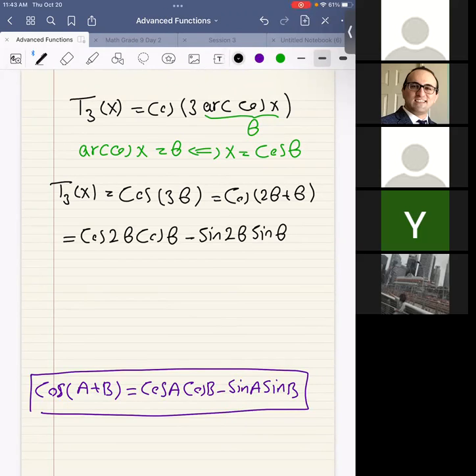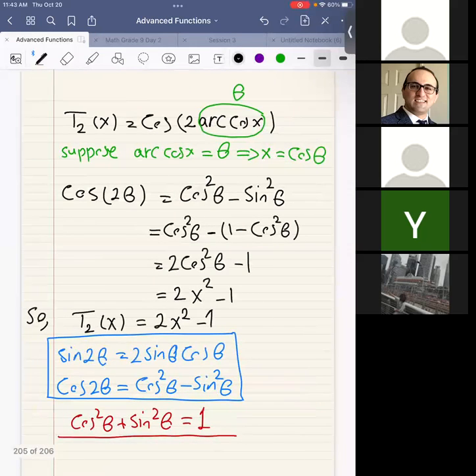And we also know that, by the way, cosine of 2 theta. You can either use the previous result, because we know that cosine of 2 theta in terms of x, if x is equal to cosine of theta, it's just 2x squared minus 1. You remember this result here? Yes.